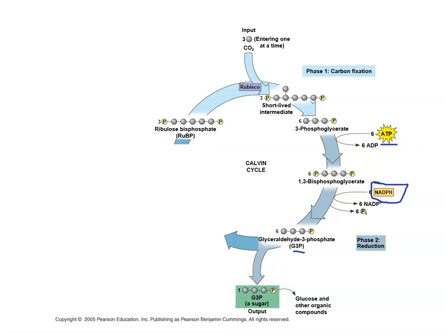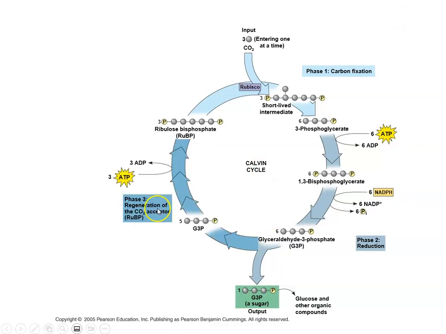But it's interesting because not all of those sugar building blocks are available for the plant to use as a source of food. In fact, only one of those 6 G3Ps leaves the Calvin cycle. The other G3Ps, of which there'd be 5, will remain in the Calvin cycle for the third stage. The third stage is the regeneration of the CO2 acceptor ribulose bisphosphate, or RuBP.